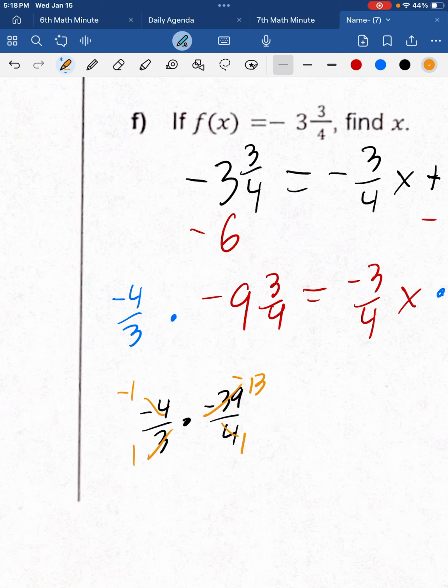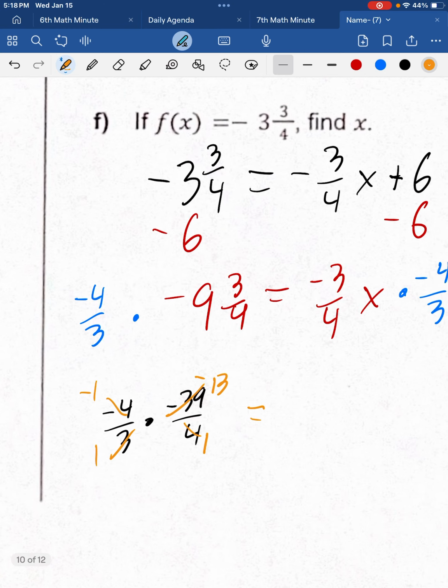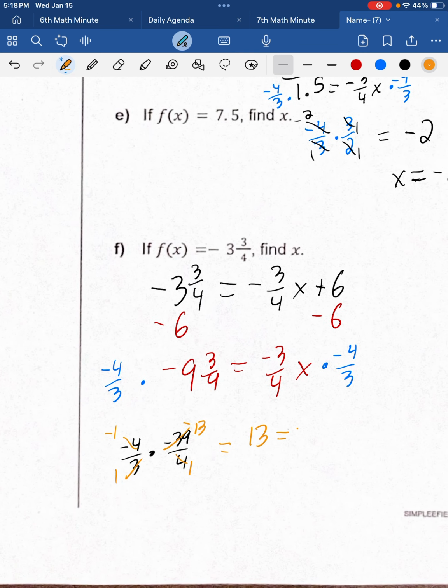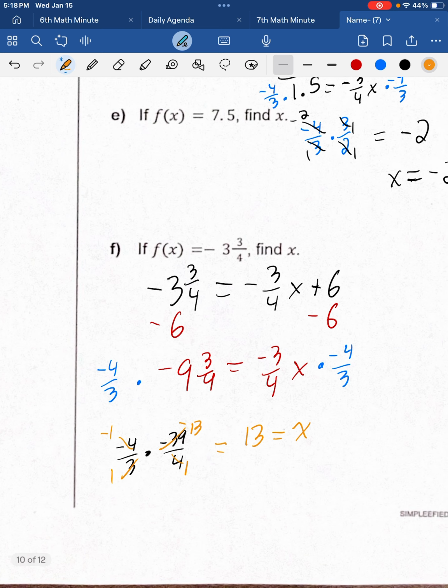Let's not forget the negatives. So we end up with 1 times 13, which is 13. So our answer is just 13. So 13 equals x. This ordered pair would have been written as, my y value would have been -3 3/4. My x value would have been +13.